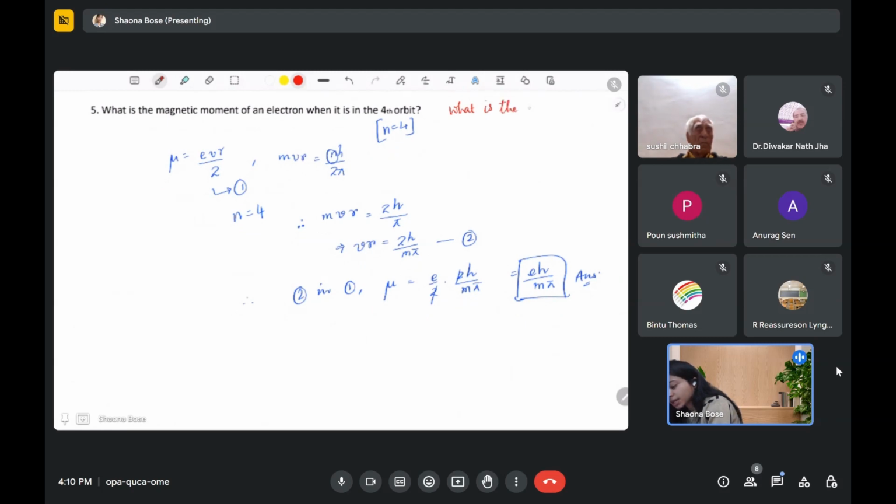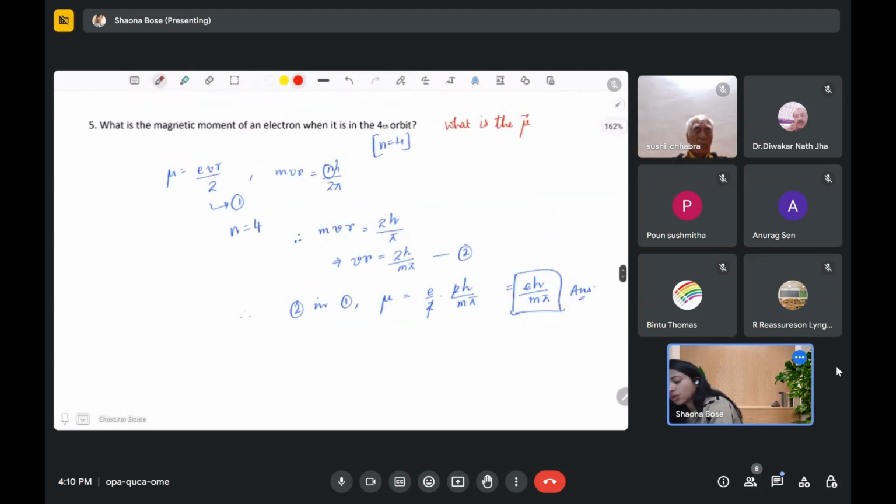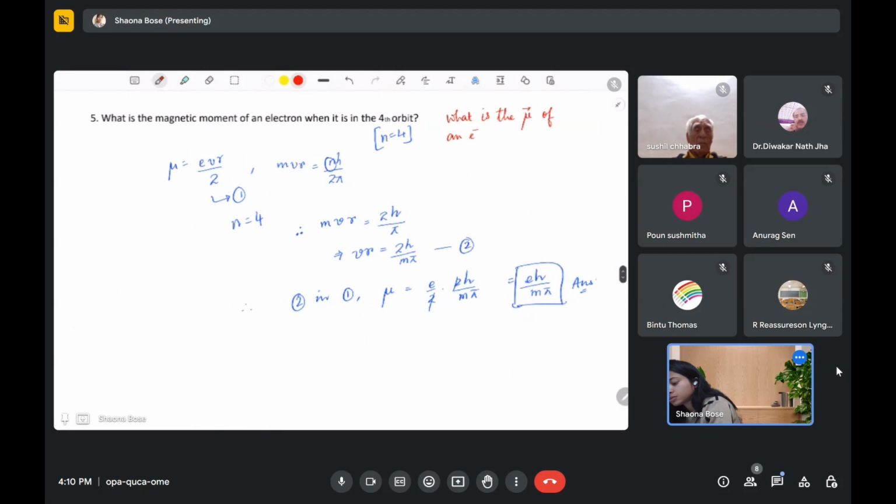What is the magnetic moment of an electron in a hydrogen atom in its first orbit? What will this be?